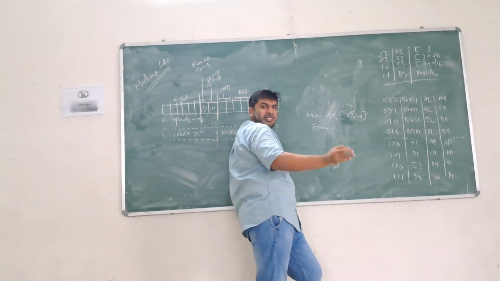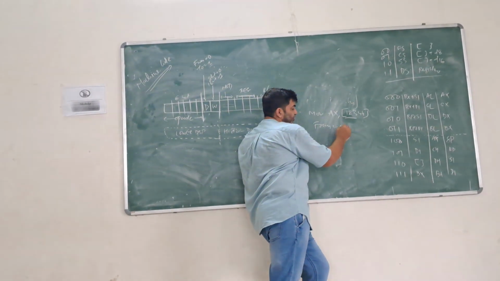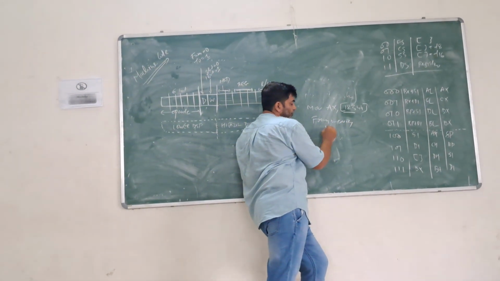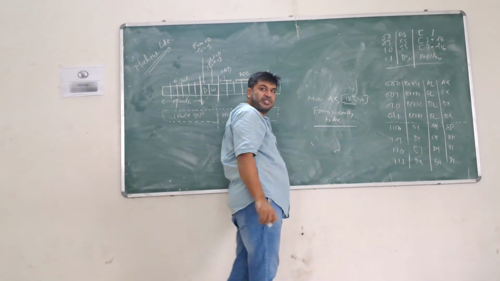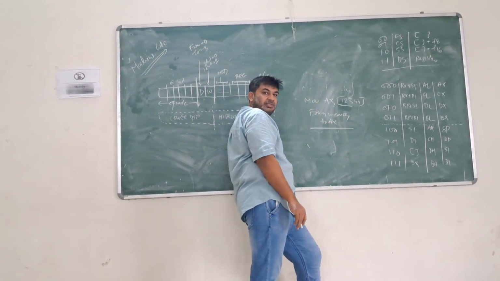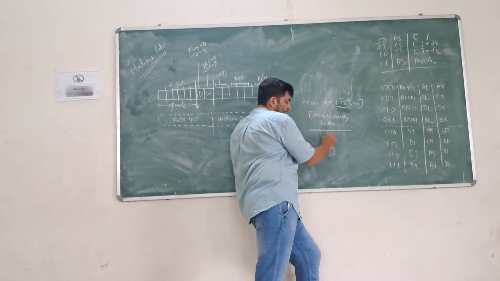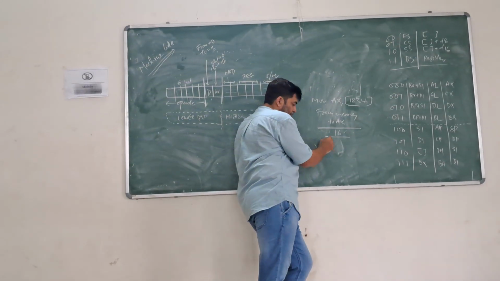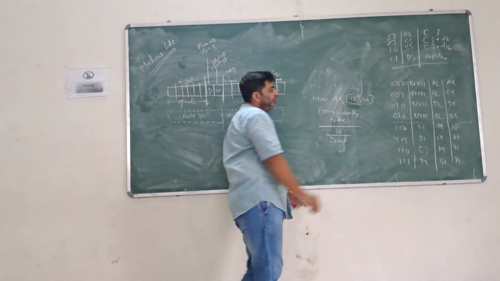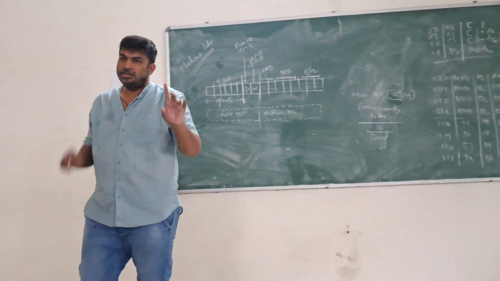Square bracket is memory. It can be anything from memory to AX. Is this an 8-bit operation or a 16-bit operation? How can you say that? AX. That's why it is a 16-bit operation. Clear? Which addressing mode is this? Direct. Your address is given directly in your instruction.